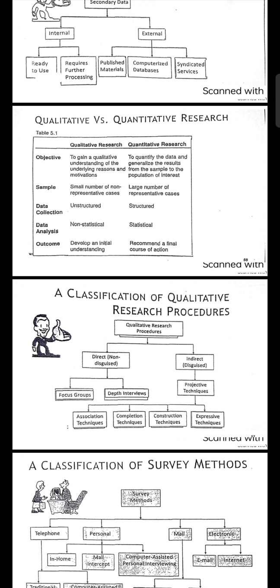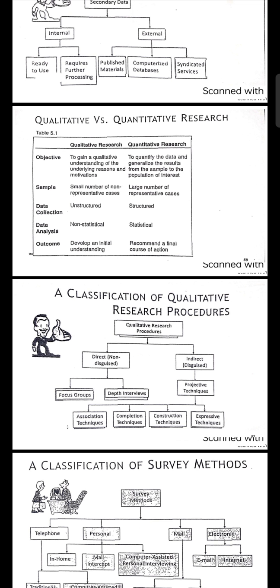Qualitative data cannot be counted, and maybe you need to analyze it another way. For quantitative, it can be counted, so it can be made into statistics. When it comes to data analysis, quantitative can be made into diagrams and statistics.